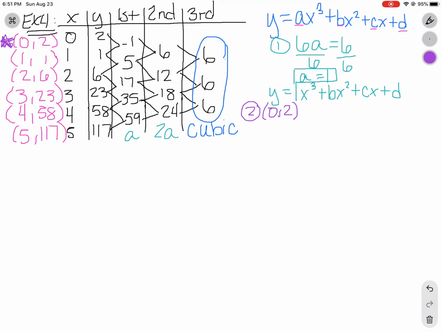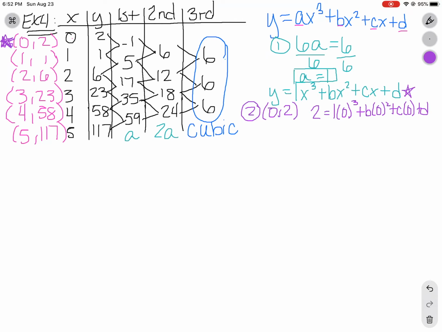I'm going to plug it in right here to my new equation. Since the y value is equal to 2, I'm going to say 2 equals 1 times 0 cubed plus b times 0 squared plus c times 0 plus d.